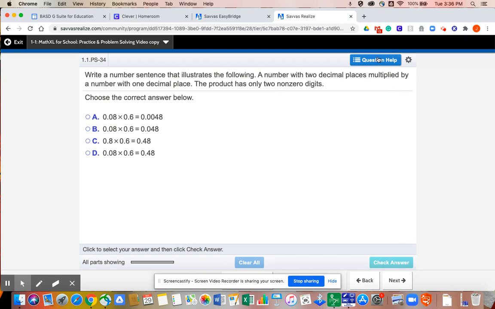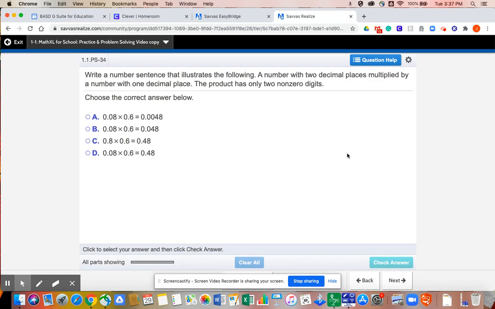So I'm going to go to question help. Up here, you have a lot of different options of what you can do. Unfortunately for this one, I don't see the option I want. I'm looking for example or help me solve this problem, and that's not actually there. So I'm going to skip that.